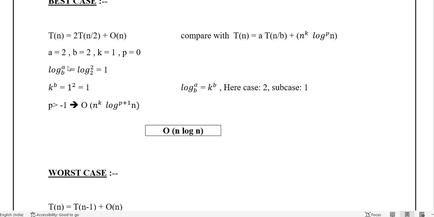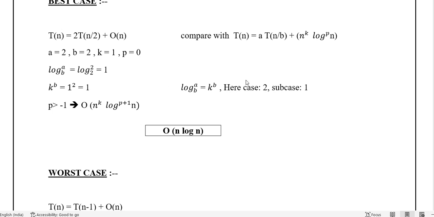So log_b a = log_2 2 = 1. Then b^k = 2^1... here k equals 1. So log_b a equals k.